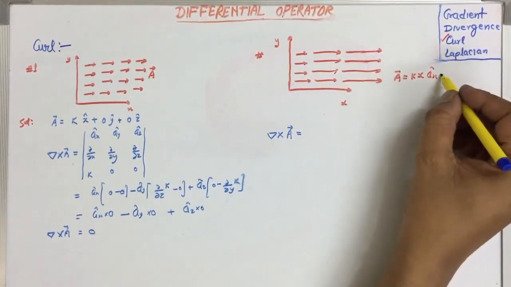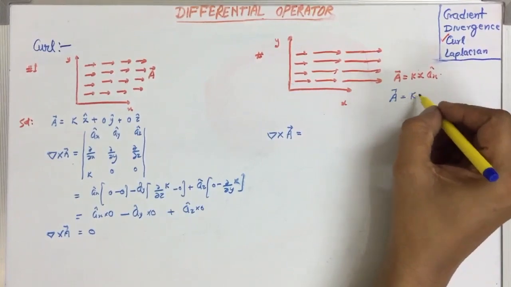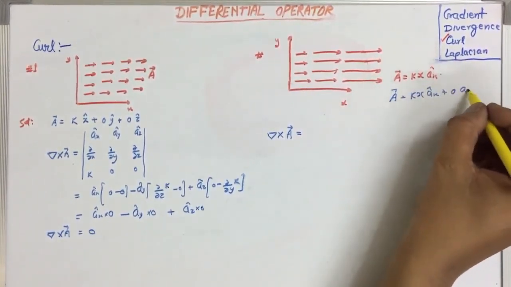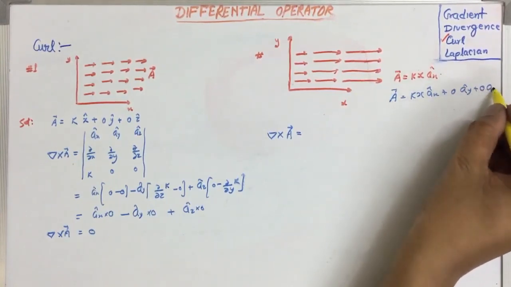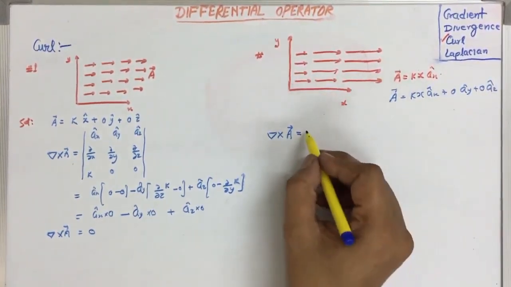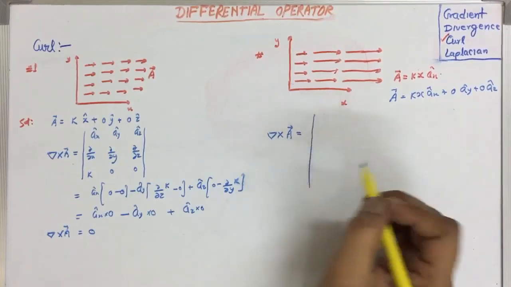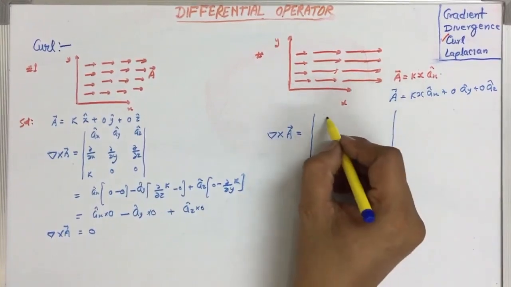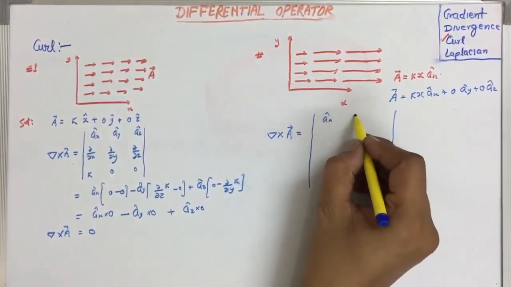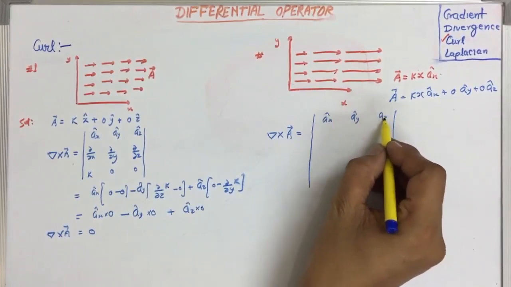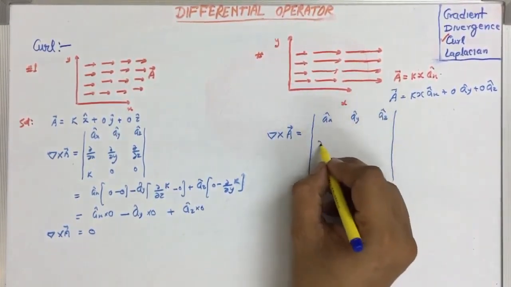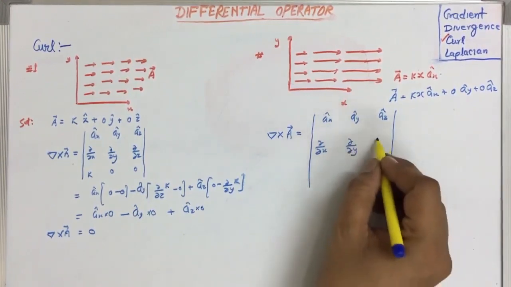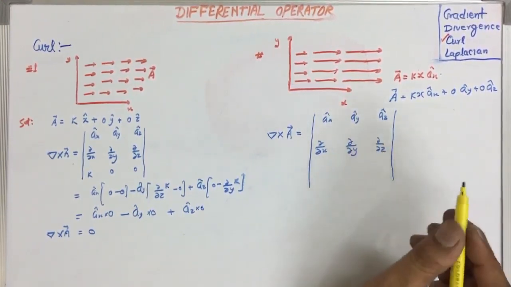So further A can be written as kx ax plus 0 ay plus 0 az, and here the curl of A can be written with the unit vectors ax, ay, az in a rectangular coordinate system, del over del x, del over del y, del over del z.